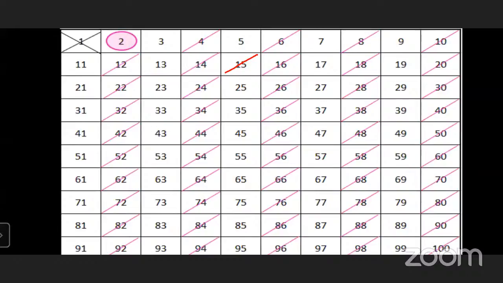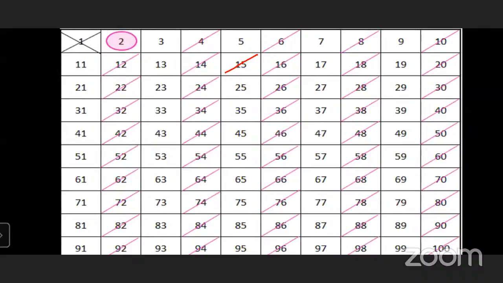So the prime numbers I am going to read. Listen carefully. 2, 3, 5, 7, 11, 13, 17, 19, 23, 29, 31, 37, 41, 43, 47, 53, 59, 61, 67, 71, 73, 79, 83, 89, and 97.